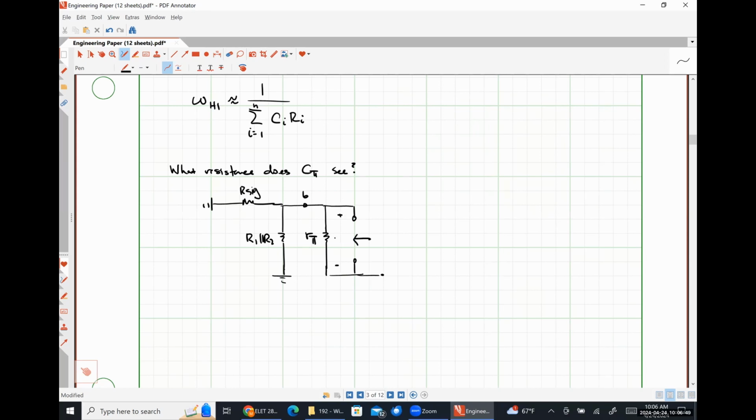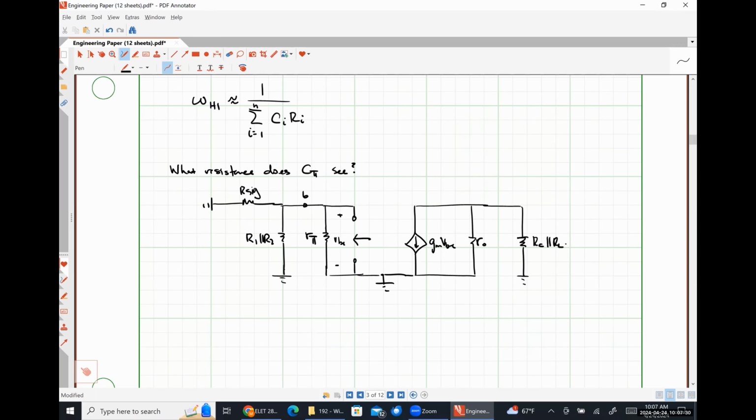So this would be VBE, gm VBE, and then over here we have R naught, and then here we have RC in parallel with RL.